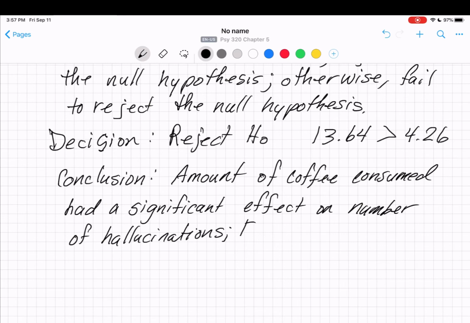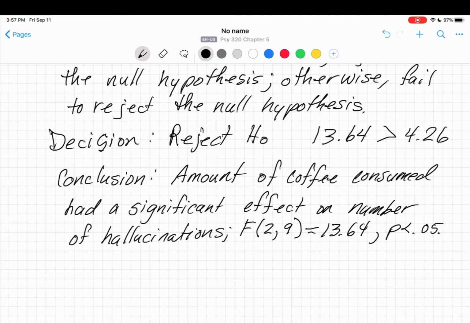Then we're going to give some statistical information. We did an F test. Our degrees of freedom were 2 and 9. And our F value from our data was 13.64. And then we have p less than 0.05.